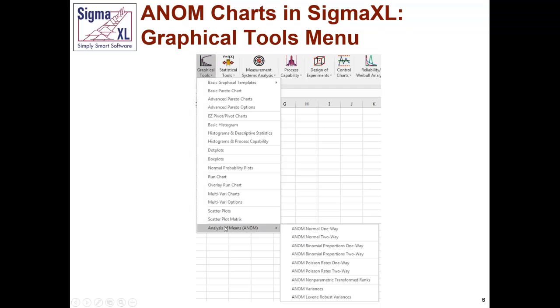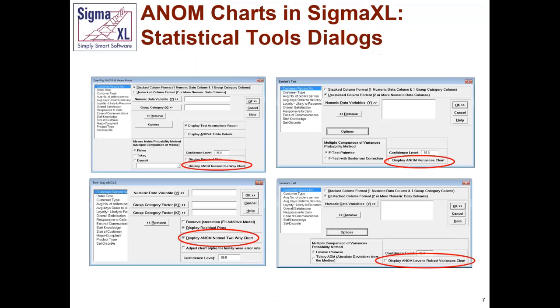Under graphical tools, analysis of means, you have these different ANOM charts, and we will be going through all of those. Also, within various statistical tests, we have added a checkbox. So under one-way Anova, you have here the option to display ANOM normal one-way chart. Under two-way Anova, you have the option to display ANOM normal two-way chart.